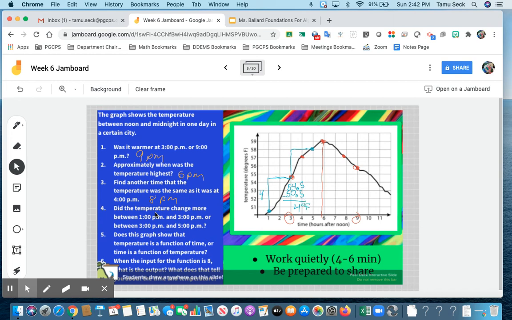And then from here, it went from about 54.5 to about 58.